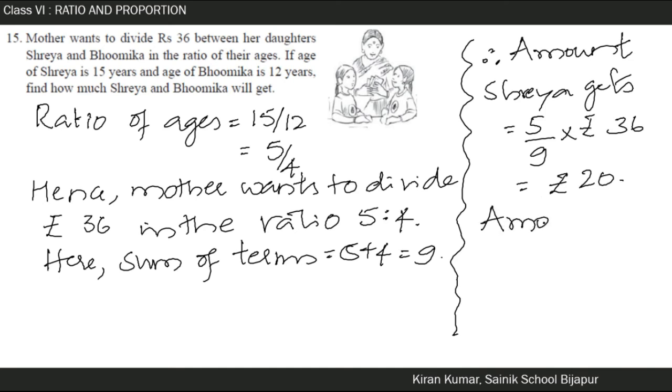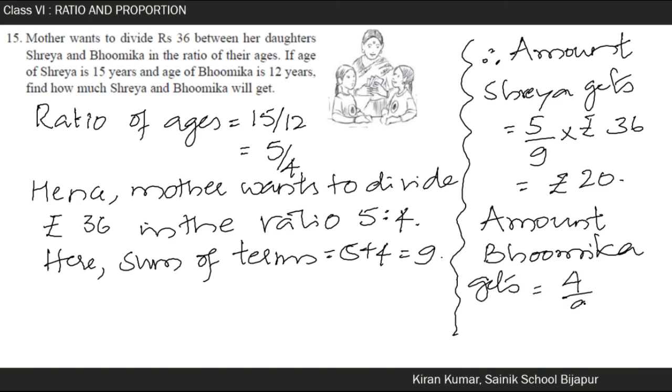The amount Bhumika gets will be 4 out of 9 parts of rupees 36, and this will be rupees 16. So mother will divide 36 rupees into 20 and 16 rupees according to the ages of Shreya and Bhumika.